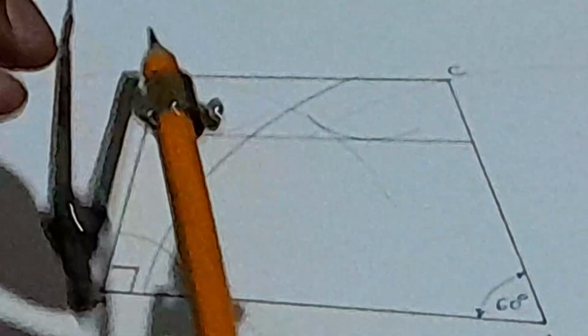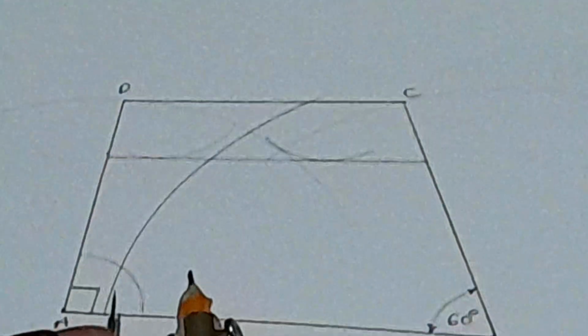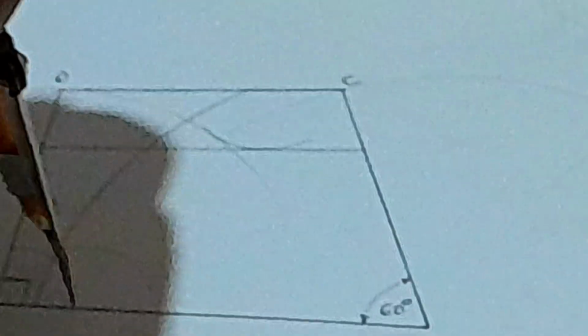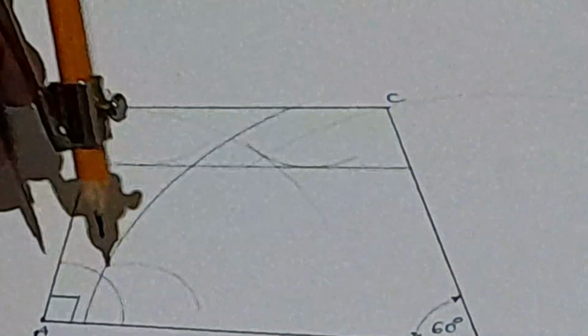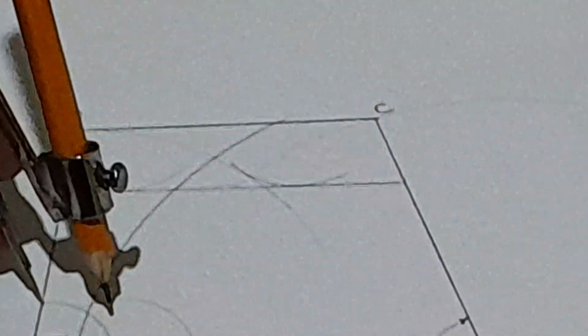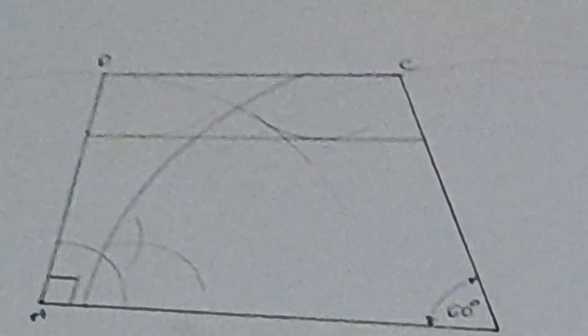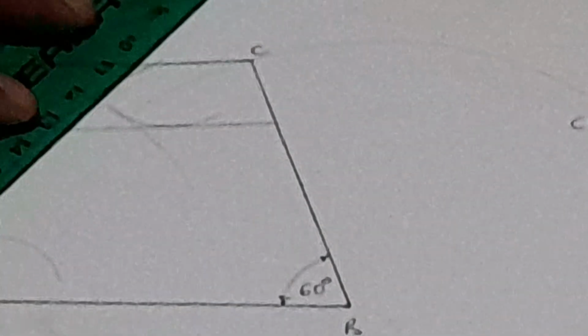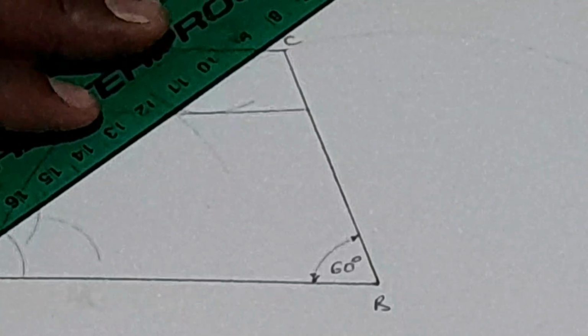After striking an arc, shift the pair of compasses, plant it here. Our goal is to bisect that angle. Strike another arc, shift it and plant it on the other end. Then you strike another arc. So what we've done is we've come up with an intersection point where the line will actually pass through.